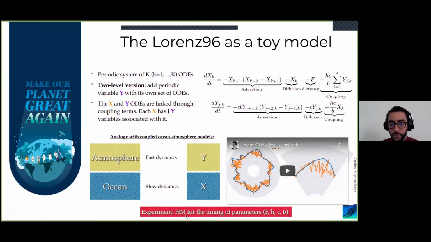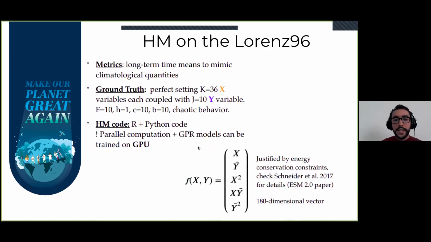So the goal here is to use HM for the tuning of these parameters that you see here, h, c, b, and F. You see them several times in the equations. So this is what I actually did. I chose the metrics as long-term time means to mimic climatological quantities. The ground truth is this one, 10, 1, 10, and 10.